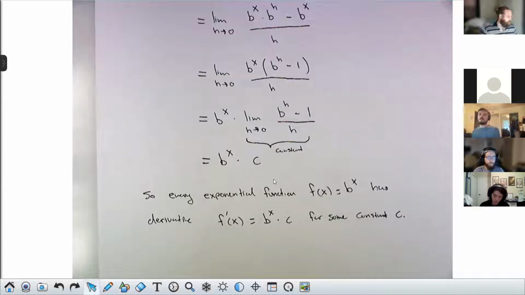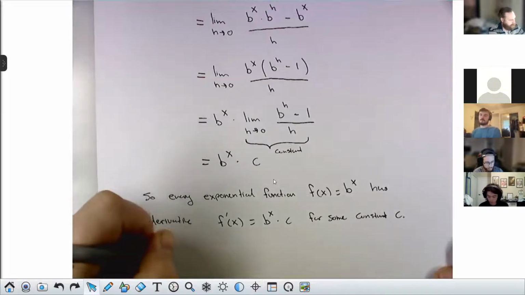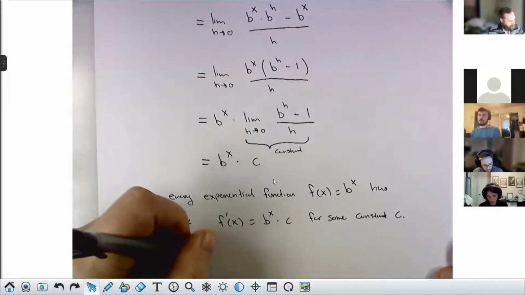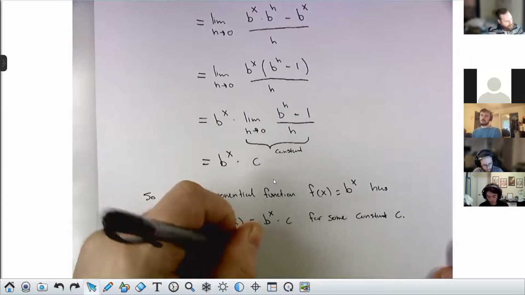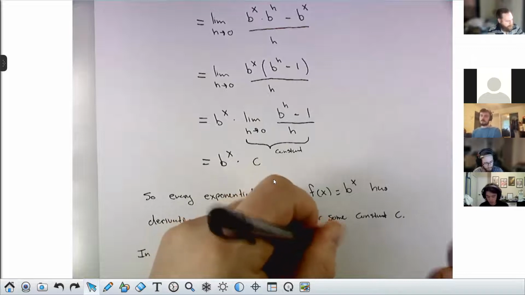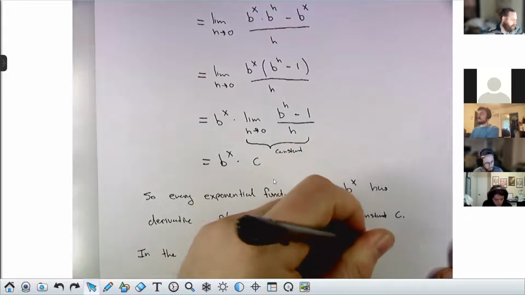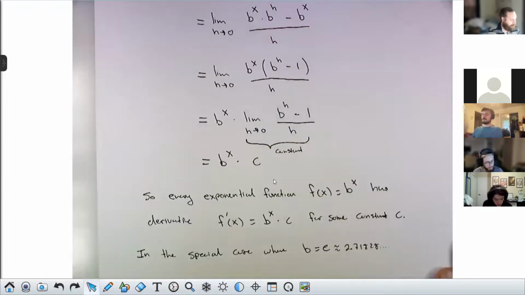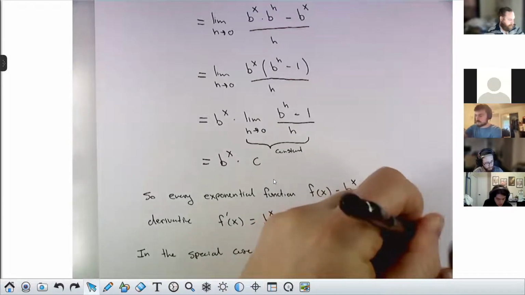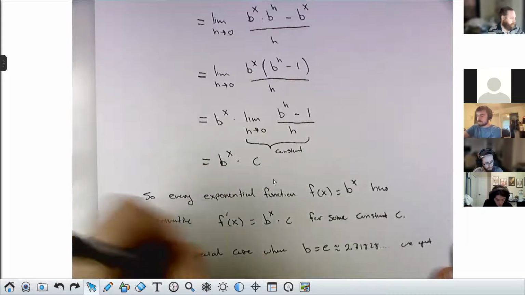For now, what I want to do is what your textbook does. Say, in the special case where b is equal to e, that is Euler's number, 2.71828, and so on, we get, well, f of x, okay, that's e to the x.